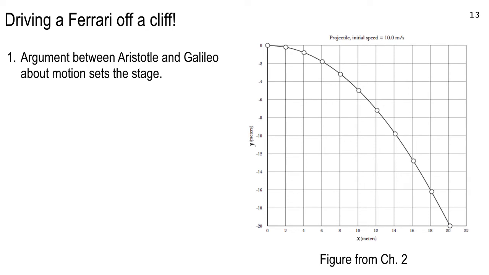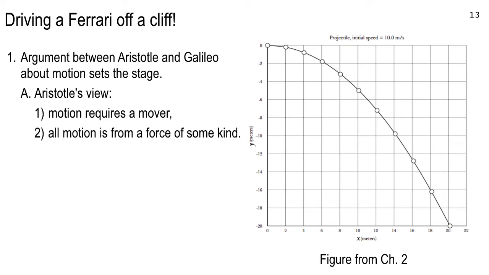So the argument between Aristotle and Galileo about motion is basically about Aristotle's view versus Galileo's. Aristotle said that every motion requires a mover. In other words, all motion is from a force of some kind. So when Aristotle was trying to describe an arrow flying through the air, he had to come up with an explanation as to how there was a force behind the arrow pushing it forward through the air.